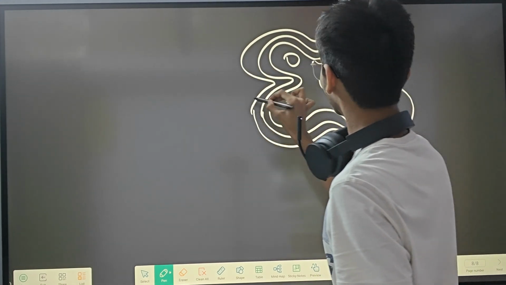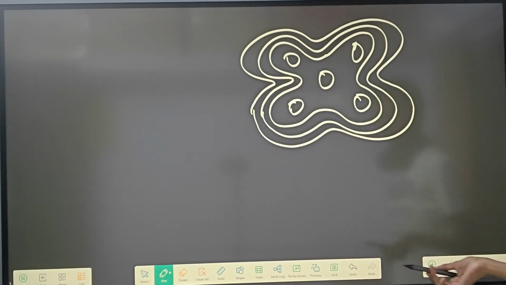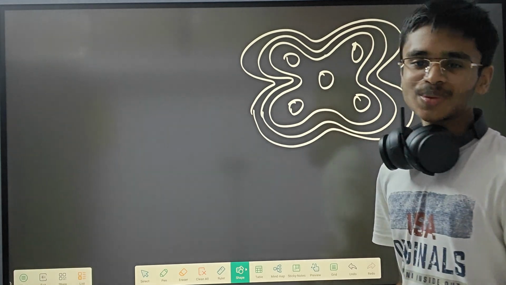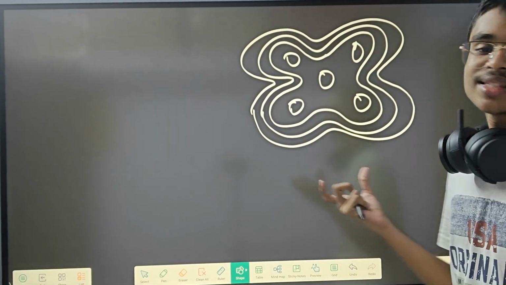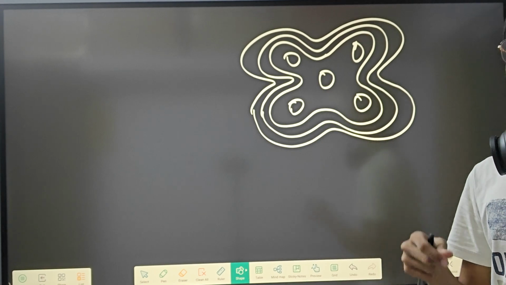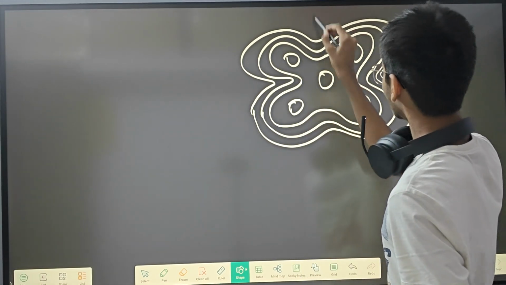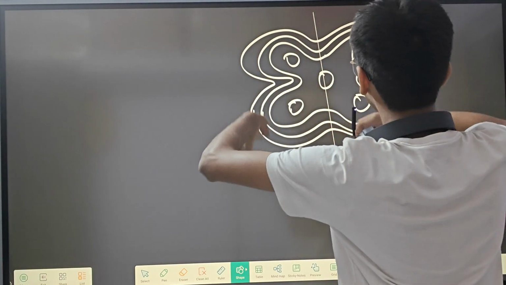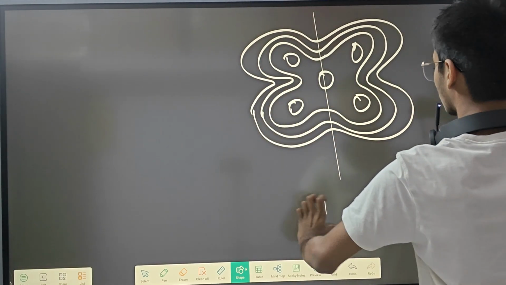I hope you all know what this is. If you are biology students, you would have known this from sexual reproduction in flowering plants. This is symmetric. No matter how you cut, it will give you the same half. If you cut like this, this half will be equal to this half. There won't be any difference.